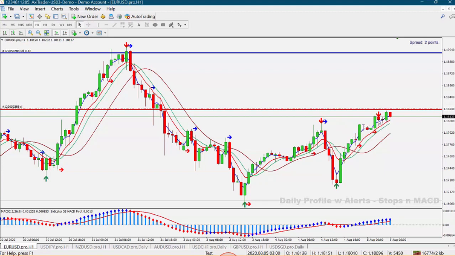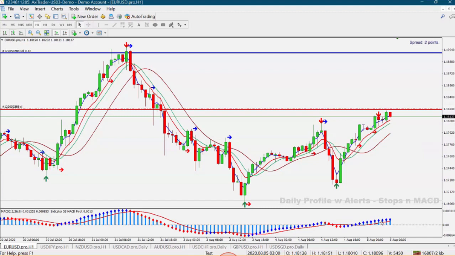Now we got another alert saying price possibly will go down. Doesn't look like it would do that simply because the profile was so strong to the upside, okay, on this hourly chart. And so we also looked at the MACD. I look at the MACD and I can see that the MACD is positive.